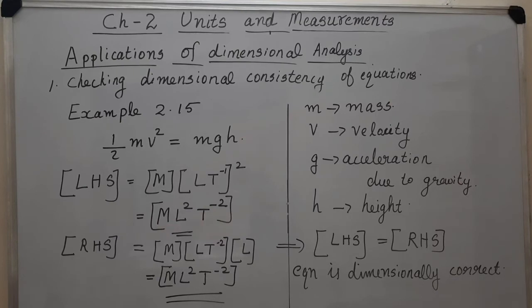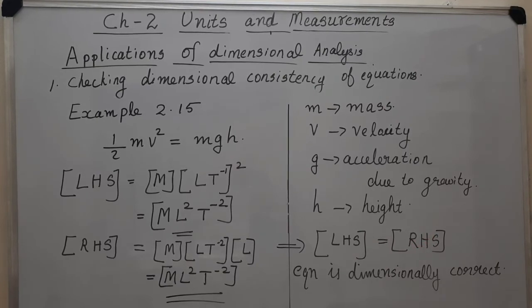Now coming to right hand side, mgh it is. So m for g, which is acceleration, it is L T raised to minus 2, and h is length L. So again we get M L square T raised to minus 2. That means dimension on LHS is equal to dimension on RHS, which means that the equation is dimensionally correct.